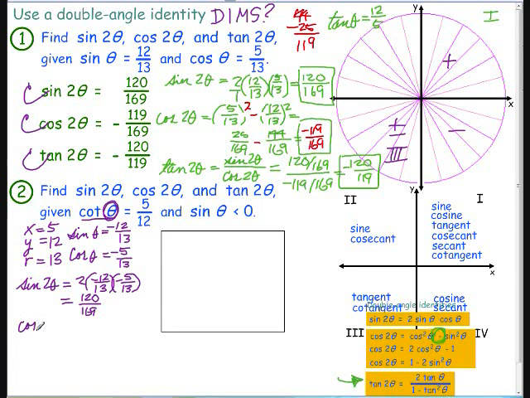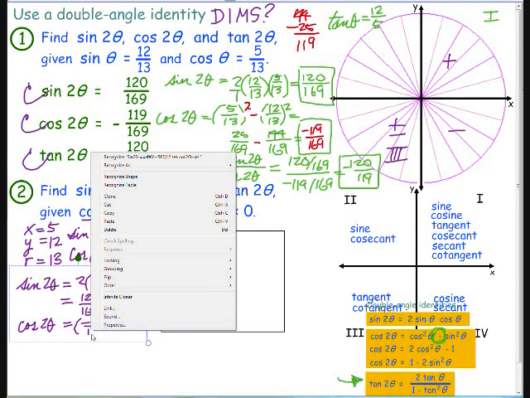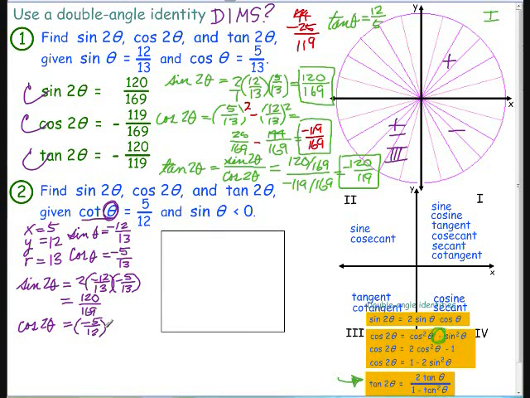Let's find out. Cosine 2 theta is equal to, we're going to square this one. Well, we start with cosine. This is subtraction. We square cosine. So minus 5 over 13 squared.